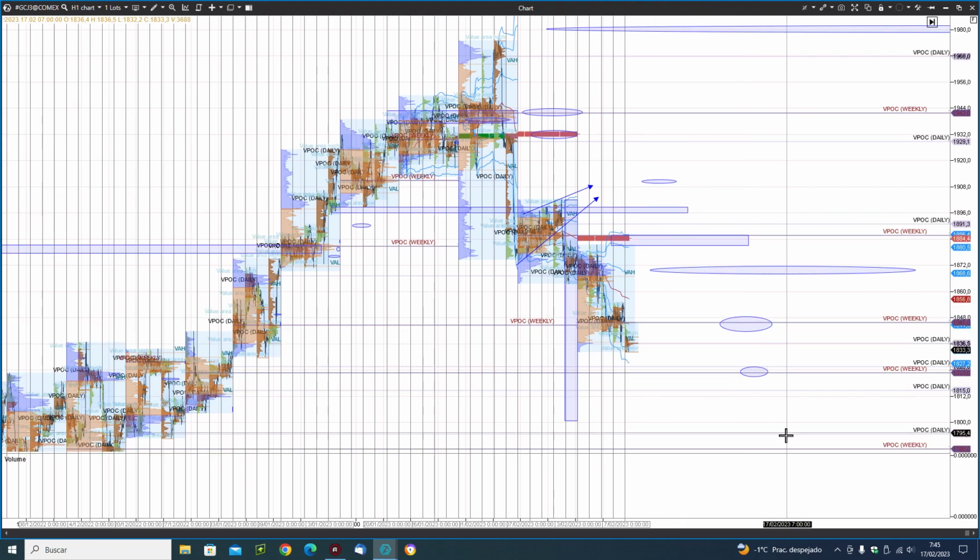But before we go to this point, perhaps we should visit, and it's a very hard support at 1,822.